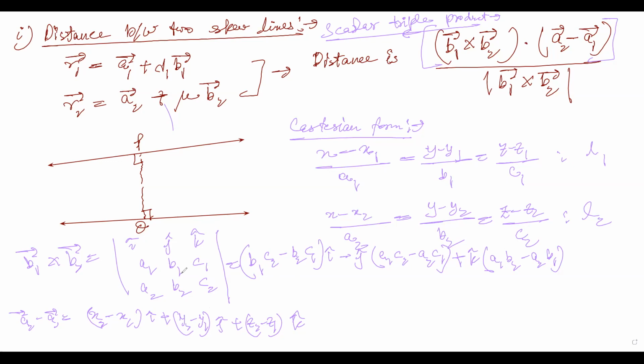If you replace the first row with x2 minus x1, y2 minus y1, z2 minus z1, this determinant gives you directly the value of the scalar triple product, with the second and third rows being the rows of the cross product.